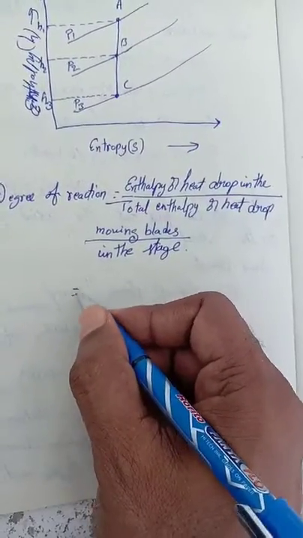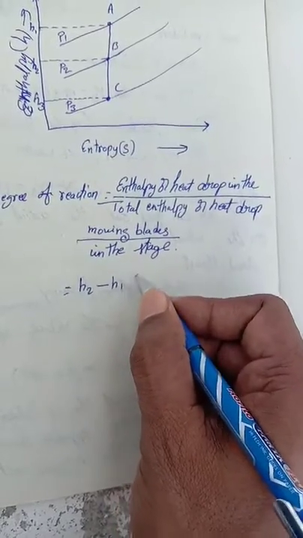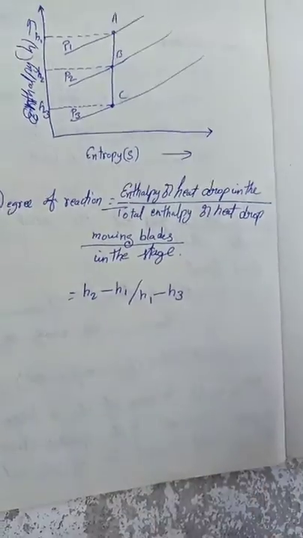So this is equal to (H2 − H1) divided by (H1 − H3).